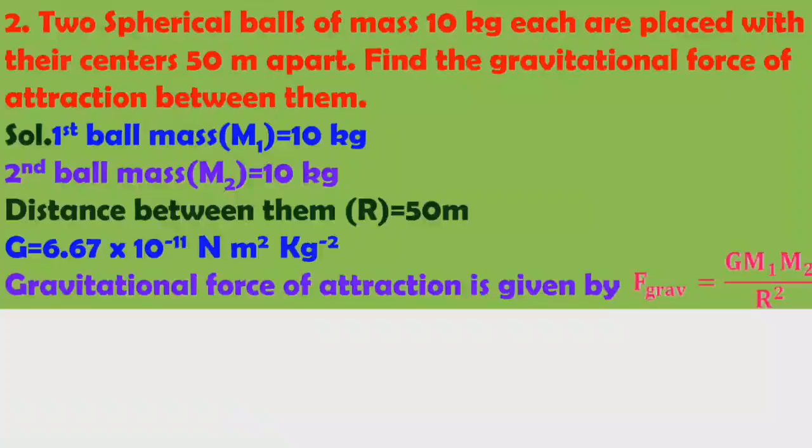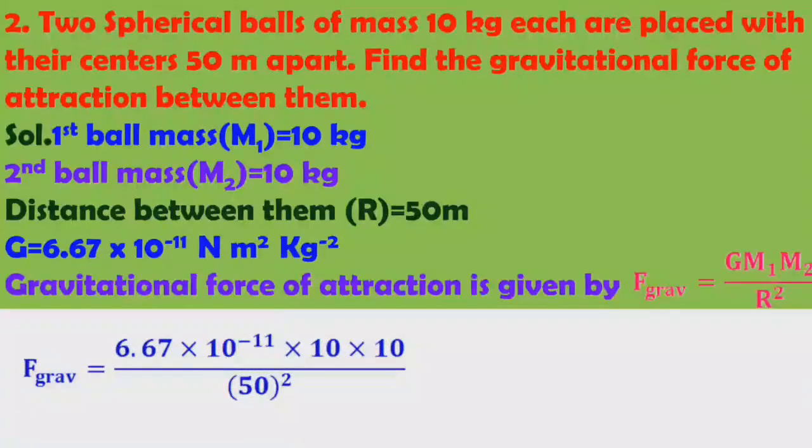Here m1 and m2 are the masses of the spherical balls. By substituting the values, gravitational force of attraction is equal to 6.67 into 10 power minus 11, this is the G value, m1 is 10 and m2 is 10, by R is 50 whole square.